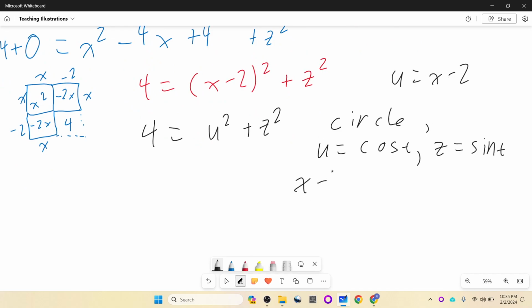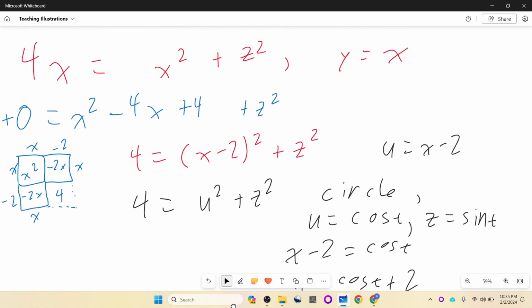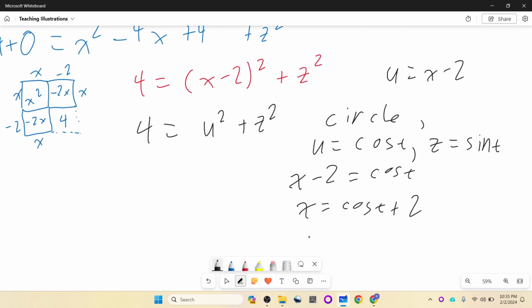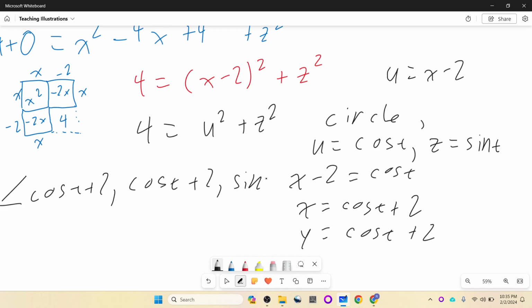So x minus 2 is cosine of t, and x is cosine of t plus 2. I said y equals x, so y is also cosine of t plus 2. So cos t plus 2, cos t plus 2, sine t.